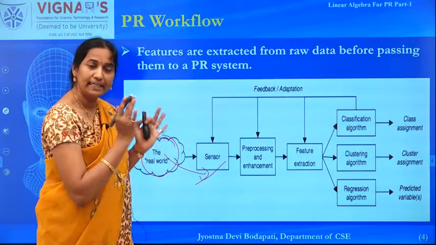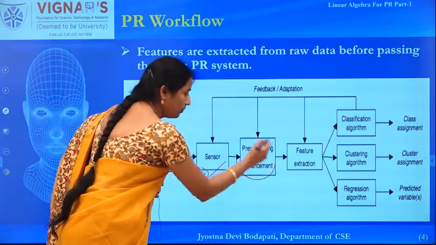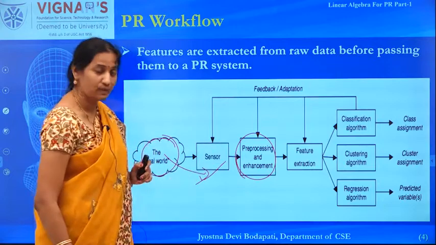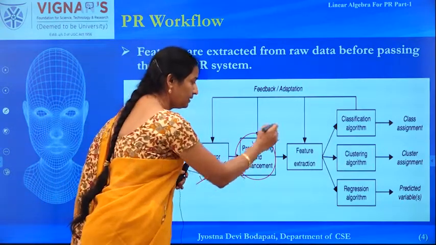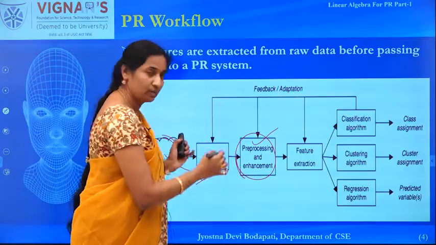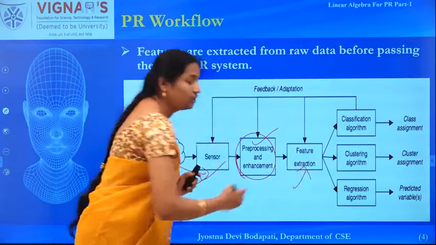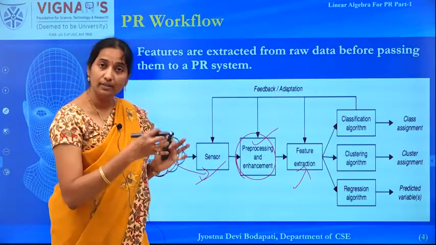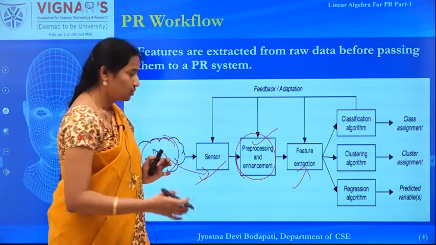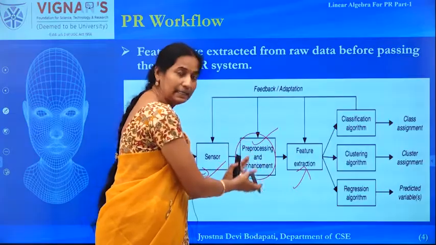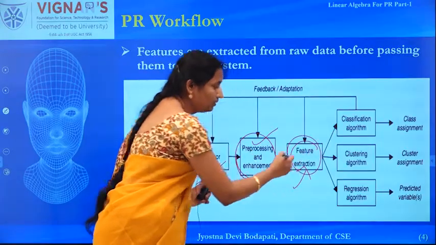Once your data is available, you need to apply pre-processing and enhancement techniques. Once you apply them, your data is clean, and then you need to apply feature extraction techniques to extract the features from the pre-processed and clean data.